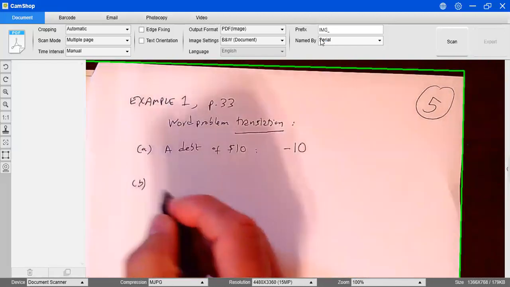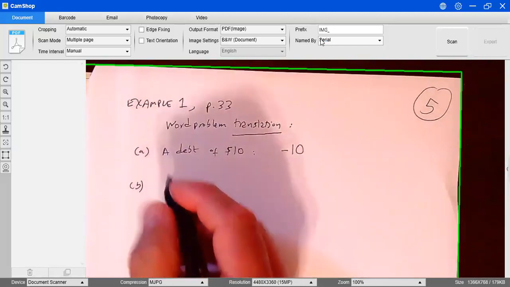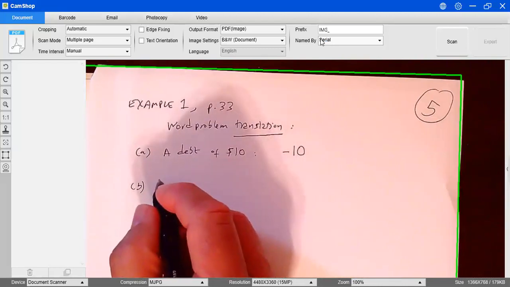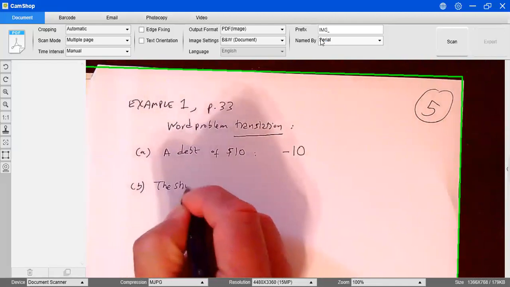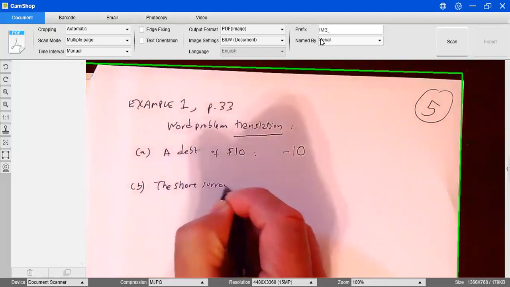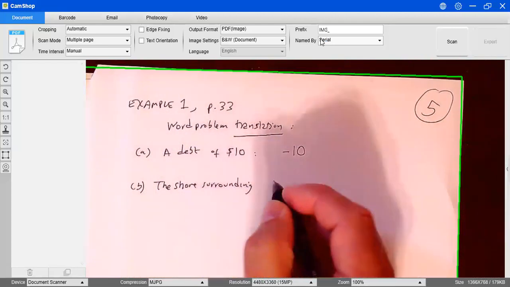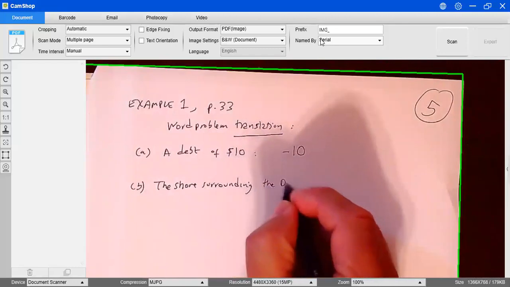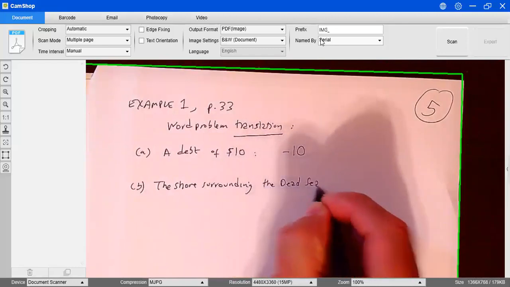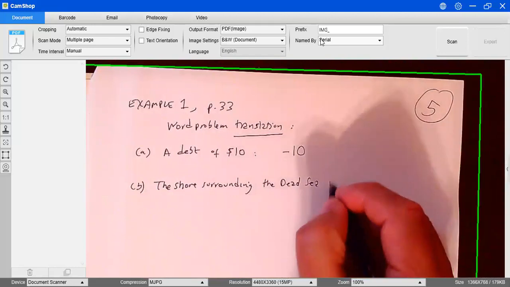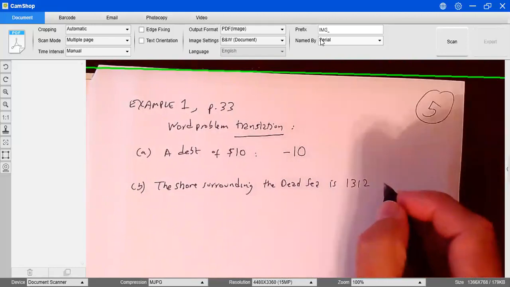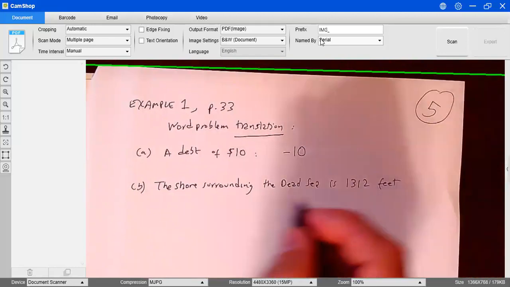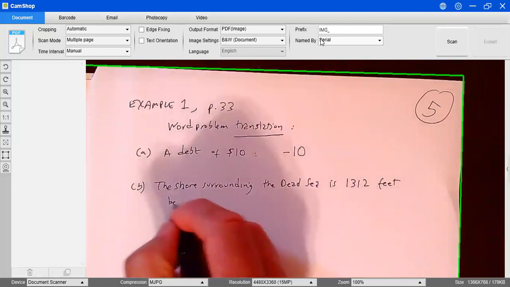Another translation that we need to understand is when we have, for example, the shore surrounding the Dead Sea. The Dead Sea is 1312 feet below sea level.